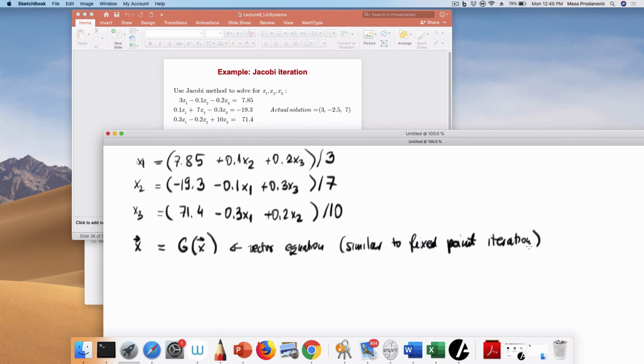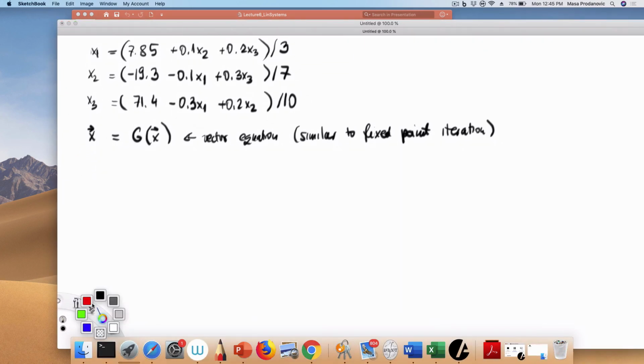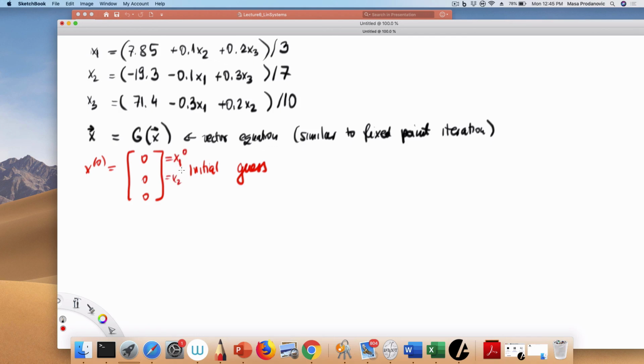So I'm going to start this with a guess 0, 0, 0. Okay? So my initial guess is 0, 0, 0. In other words, this is my x1,0, x2,0, and x3,0.